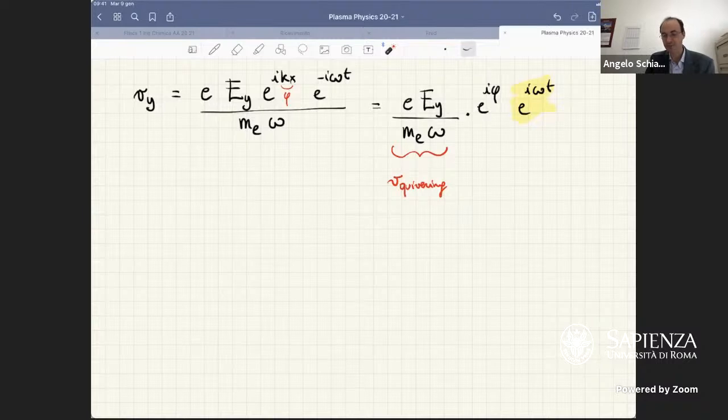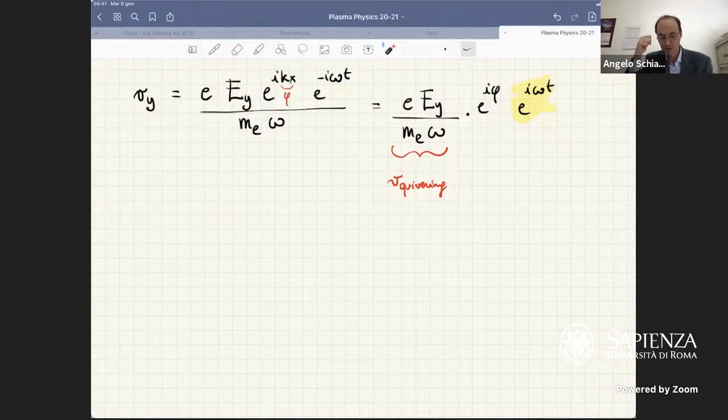Then we have a phase factor, and it is telling us that the velocity of the electron is changing in time as a harmonic motion.